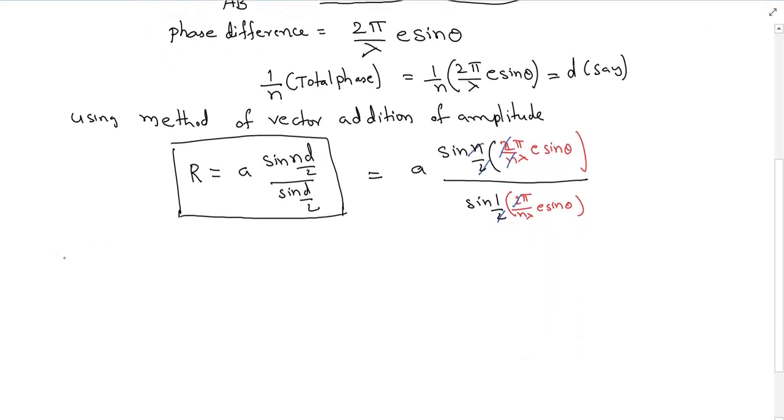So the resultant amplitude R is equivalent to A sin... what are the left out things after cancellation? Pi by lambda into e sin theta by sin pi by n lambda into e sin theta.